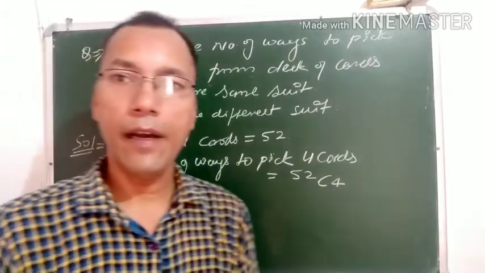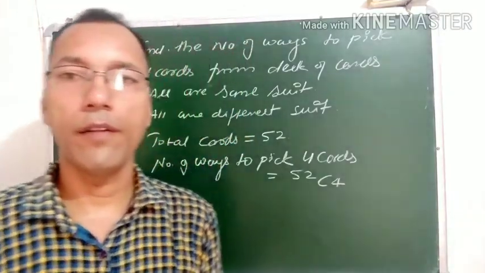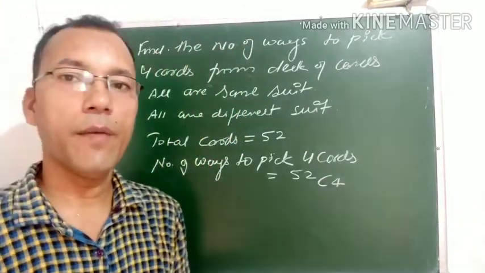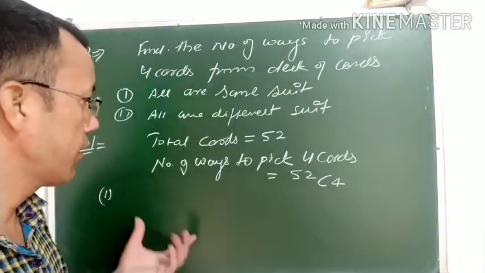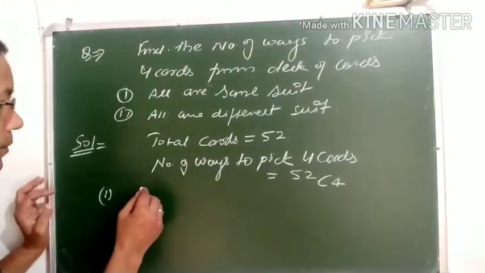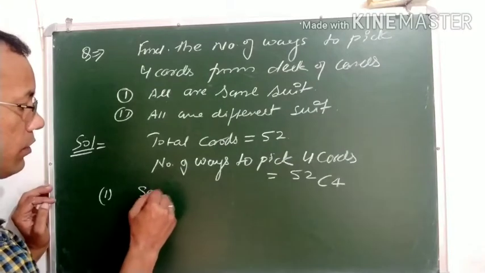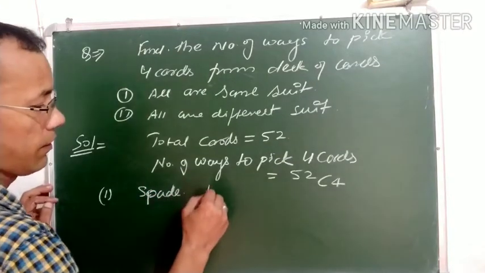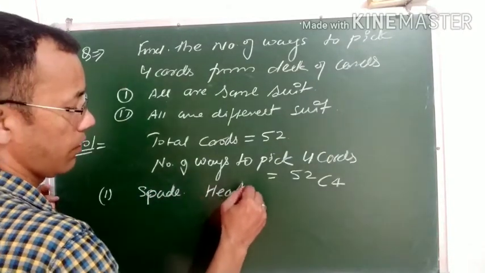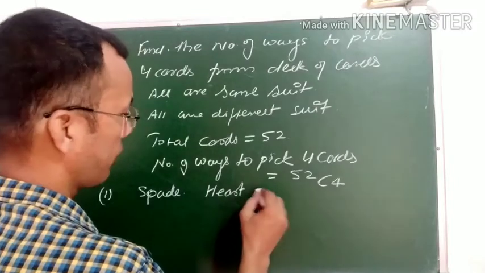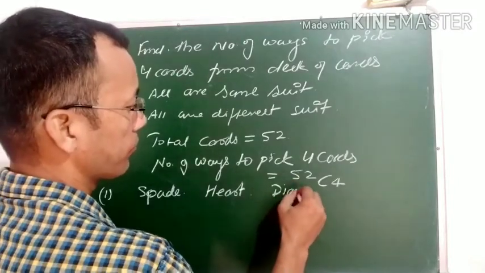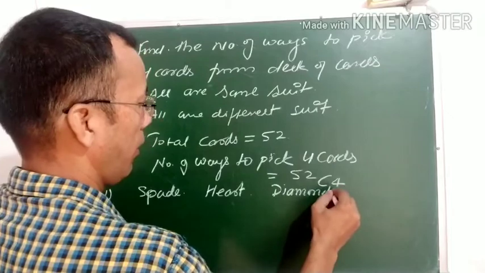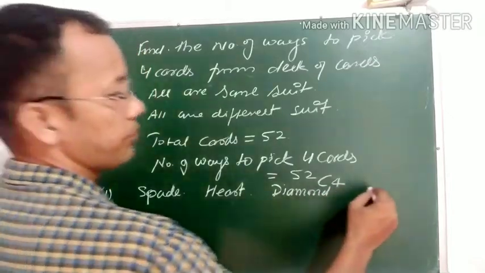That means they are all in club, spade, diamond, or heart. So these are the 4 suits: spade, heart, diamond, and club.